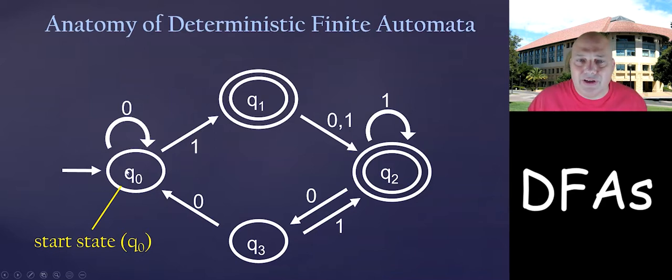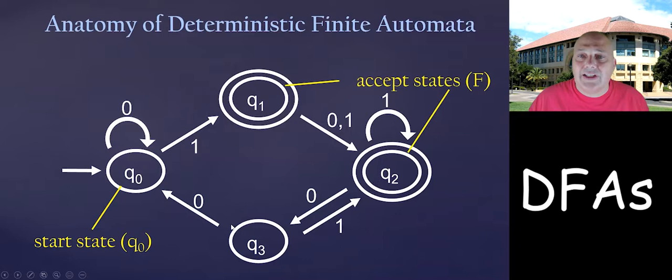This is our first memory configuration. We have accept states, denoted by two circles. These are states that tell us when we accept a string. When we finish a computation in an accepting state, we know that we accept the input that we got. The rest are just standard states.